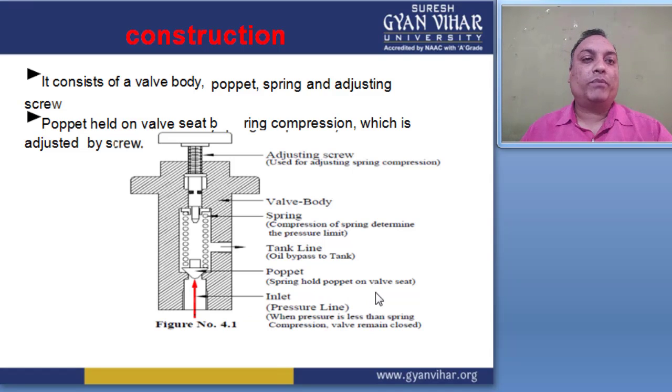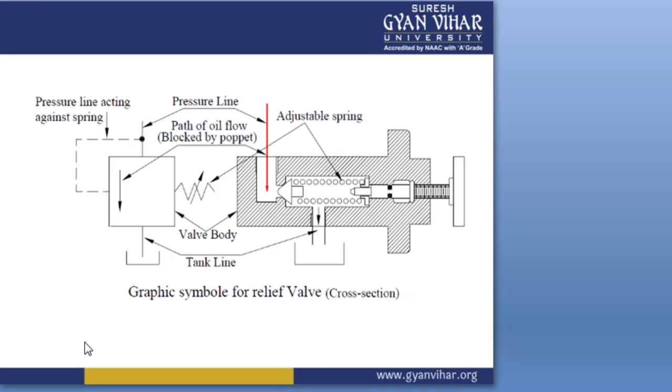A spring holds the poppet on the valve seat, and this is the inlet of the pressure, and in brackets this is the pressure line, and when the pressure is less than the spring compression, the valve remains closed. So this is the construction of this valve, and then we move to the next.